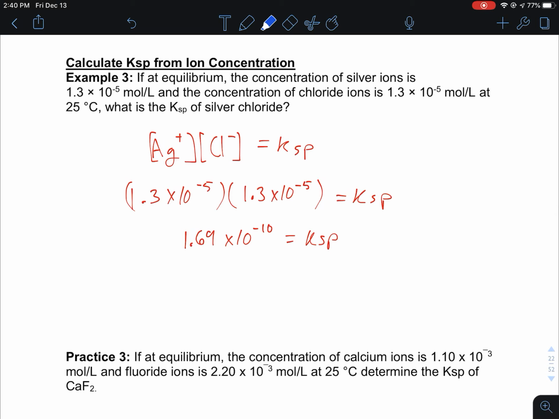All right, so we can then do all the old equilibrium calculations we did before, but now using concentrations that we are given for the ions of these various compounds.